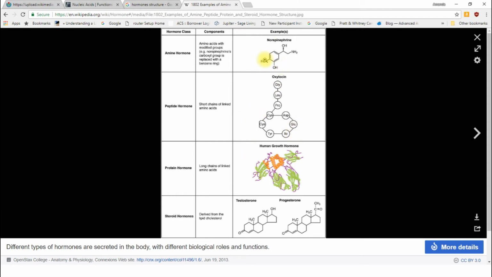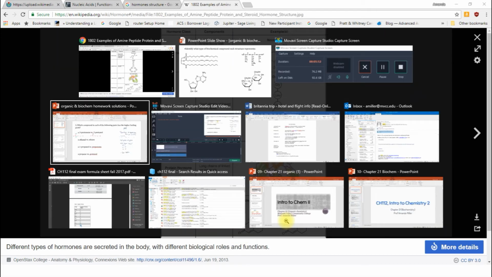And you can have even smaller ones, like norepinephrine, another small molecule hormone. So hormones can have all kinds of different shapes. But generally, for the purposes of this class, I'll just limit any examples I might use to steroid hormones. Okay, so back to our discussion about the different categories.